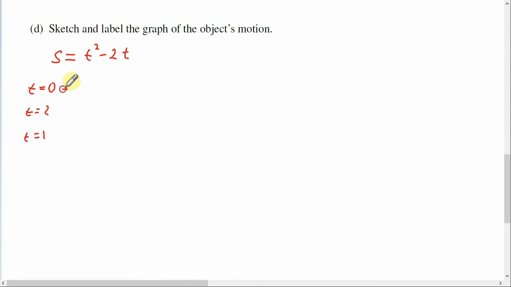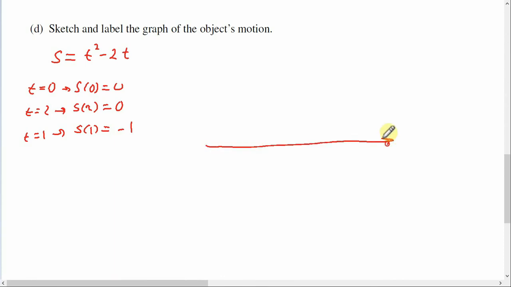In each of these cases, s of 0 is going to be 0, just plugging 0 back into here. When t is 2, s of 2 is going to be 4 minus 4, it's also going to be 0. And at t equal 1, it's going to be 1 minus 2, so s of 1 is going to be minus 1 when you plug it in.